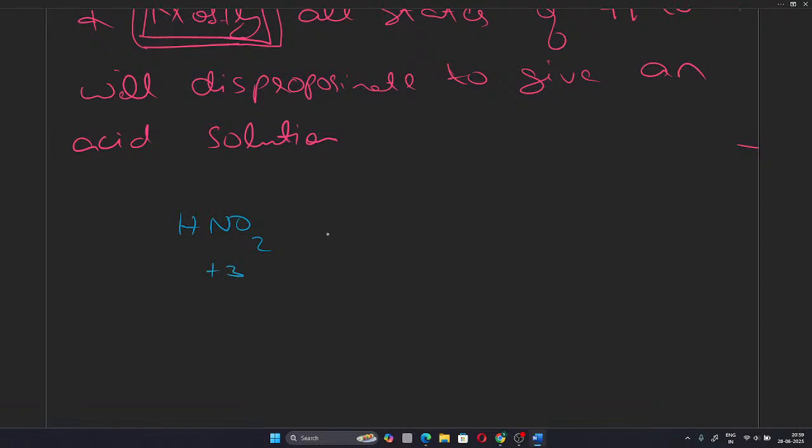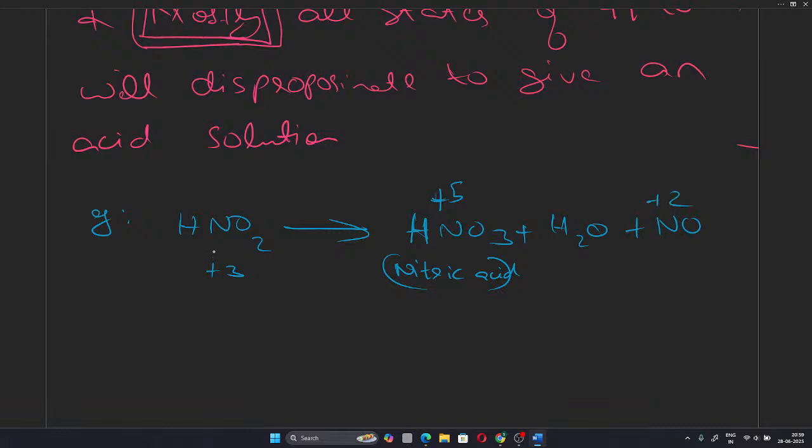Here it is +3 will disproportionate, for example, HNO2 will disproportionate to give HNO3, nitric acid, plus H2O plus NO. Here nitrogen's oxidation state is +5, whereas here it is +2.